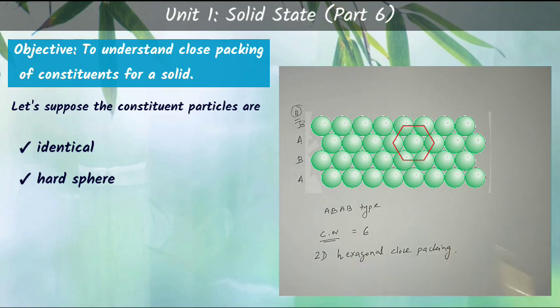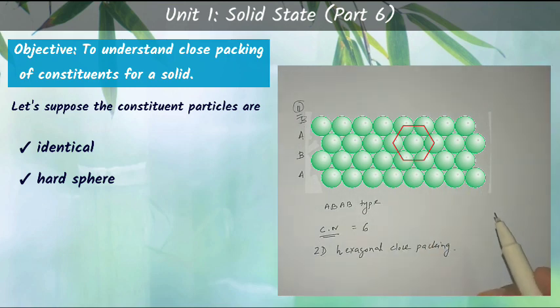So we can term this packing as an AB type arrangement in two dimensions, and also use the term two-dimensional hexagonal close packing.